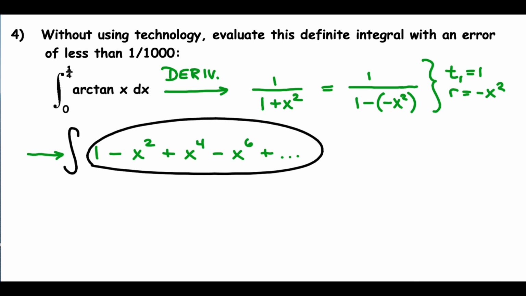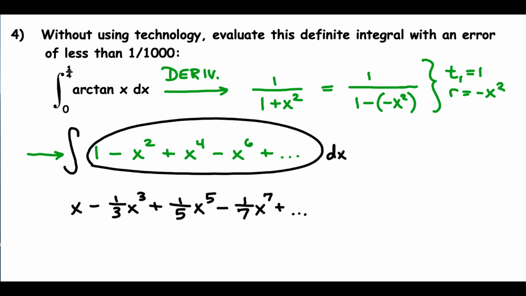I'm going to integrate it. We'll go term by term with respect to x, of course. So imagine a little dx at the end here, differential. So the 1 becomes an x minus 1/3 x to the 3rd. The signs will continue to change, and you know that you're going to have plus 1/5 x to the 5th minus 1/7 x to the 7th, and so on.